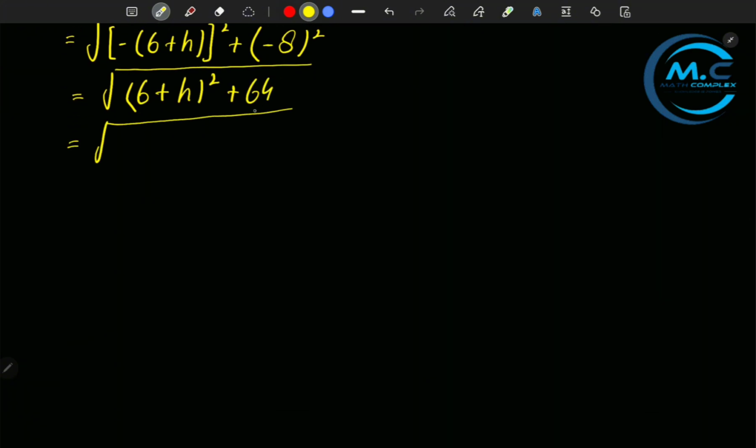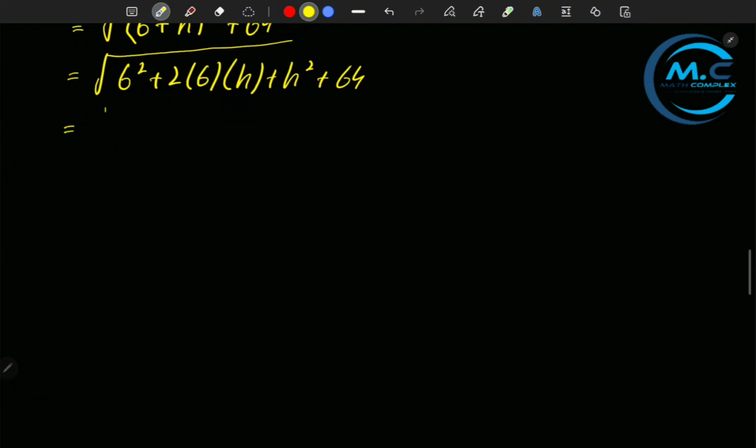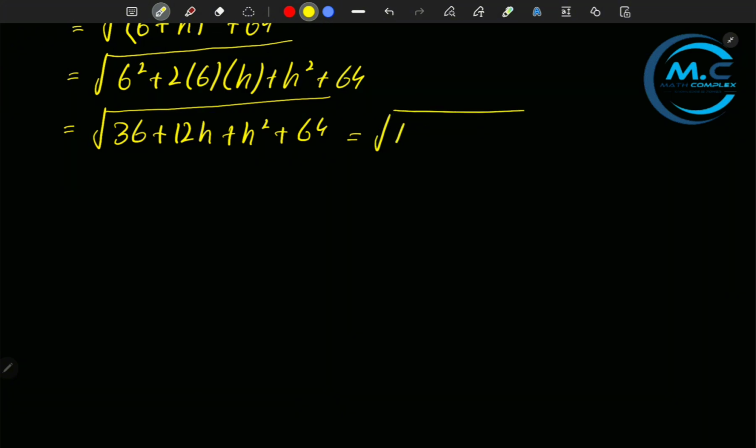Open the square here: 6 square plus 2 into 6 into h plus h square plus 64. The square of 6 will be equal to 36, and this will become 12h plus h square plus 100. Now this will become h square plus 12h plus 100.